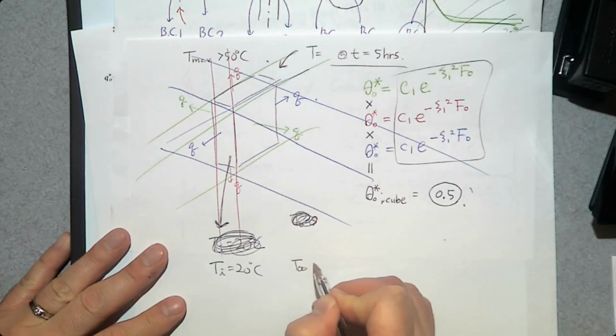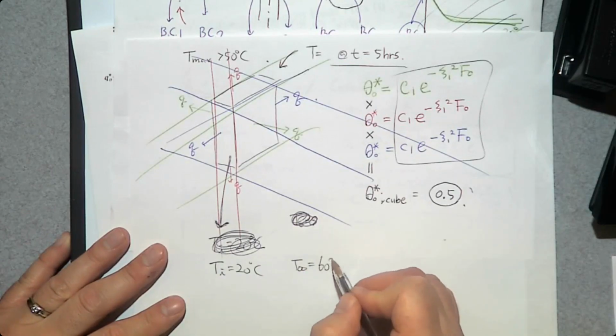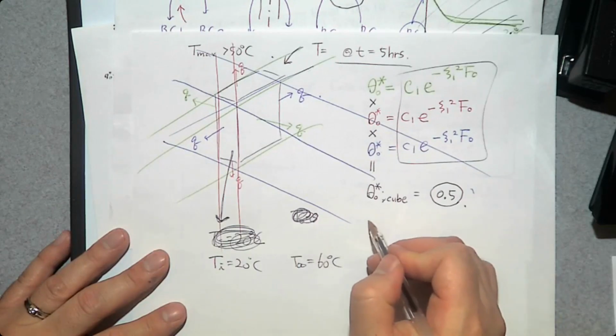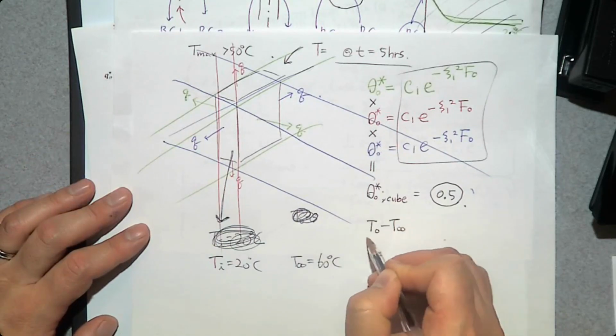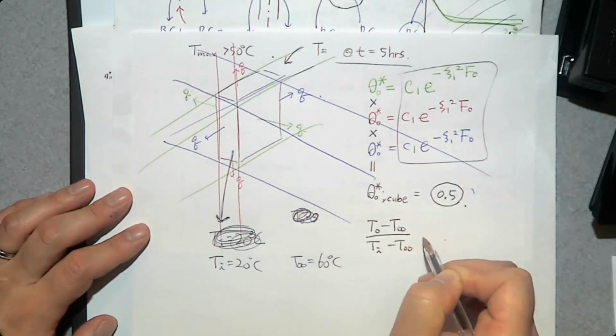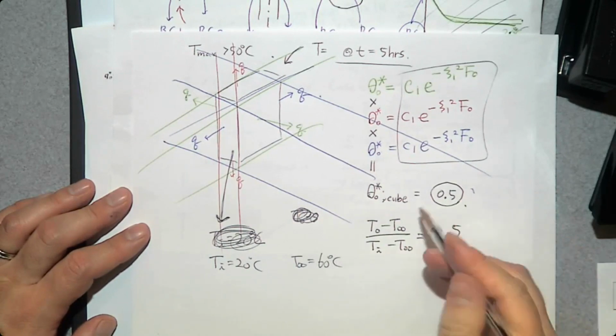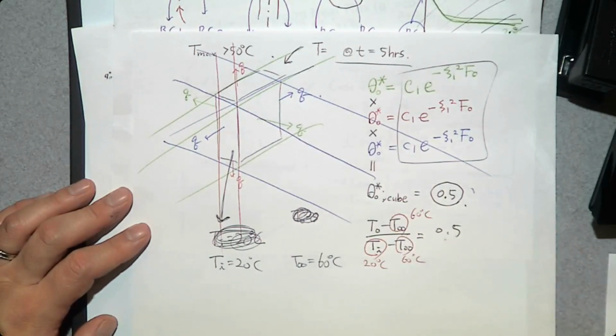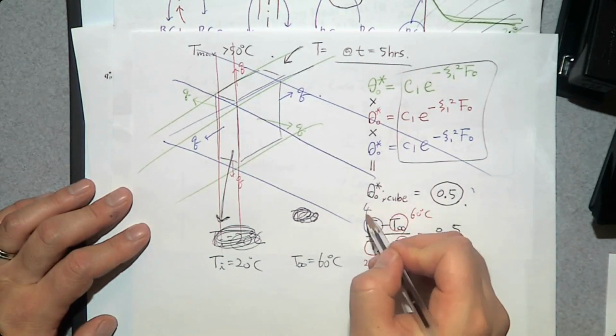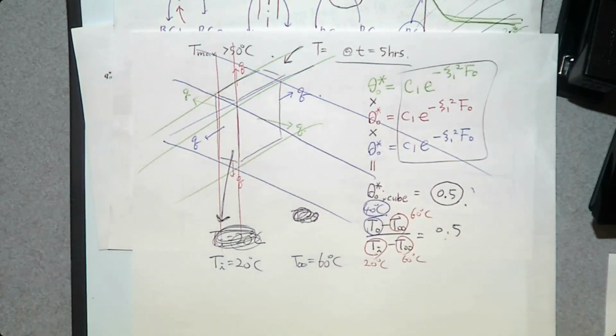The surrounding fluid temperature is going to be, let's say, 60 degrees Celsius. And we want to know what will be the temperature at the center. Then (T0 minus T infinity) divided by (Ti minus T infinity) is going to be 0.5. Here you have 60 degrees Celsius, 20 degrees Celsius, 60 degrees Celsius. What is the temperature of the center? 40 degrees Celsius. So you can determine what is going to be at the center of this cell phone after 5 hours of watching, and then you can determine, oh, 40 degrees Celsius is less than 50, so you can use that.